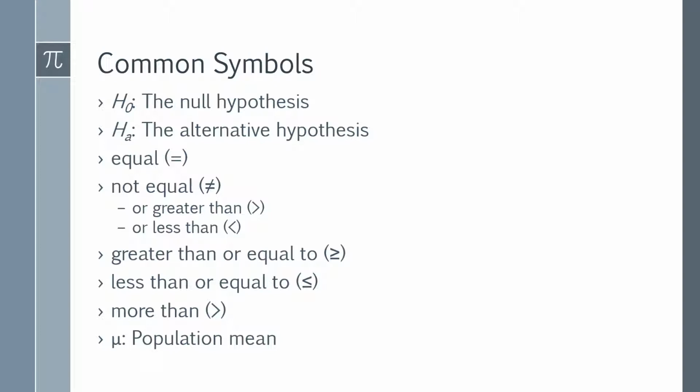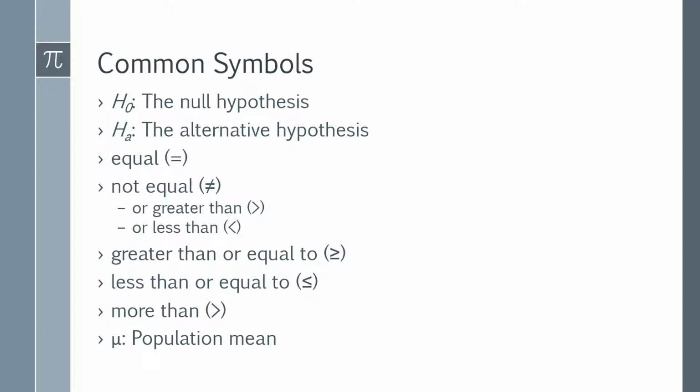For this assignment, we will look at common symbols to include the null hypothesis, which will be depicted as a capital H with a subscript 0. The alternative hypothesis, which is a capital H with the subscript lowercase a.